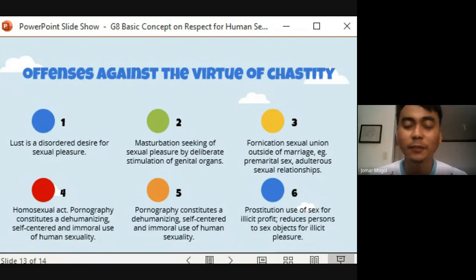So, nakita nyo ba ito sa Twitter? Alam ko nakita ko sa Twitter eh. Medyo trending to. So, kina-clarify ko lang guys para maitama natin. Well, guys, if you are confused about the context written in our modules, huwag nyo siyang ipopost sa social media.